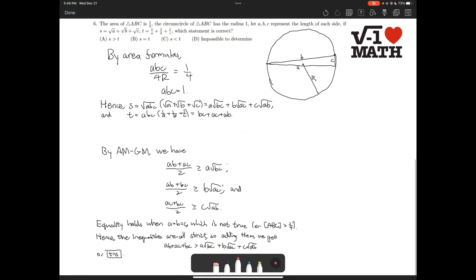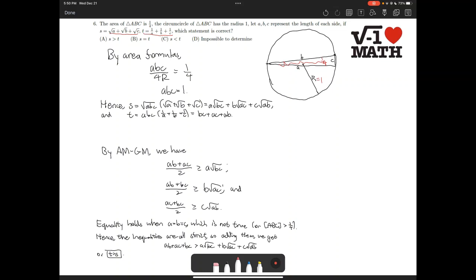Alright, for problem number 6, we're given a triangle inside a circle, such that the circle has radius 1 and the triangle has area 1 over 4. We're given 2 expressions and we need to find a relation between them, or rather, an inequality relating these.